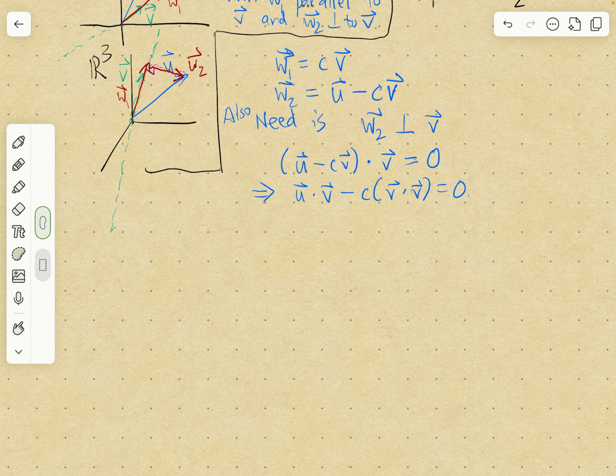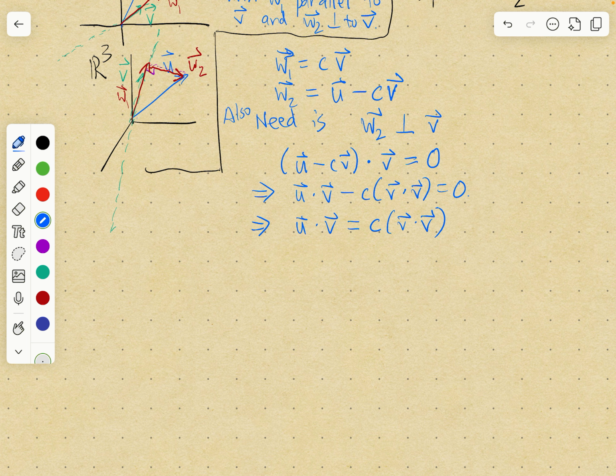And this number u dot v minus this product needs to be 0. And we're trying to solve for c, and can we solve for c here? Well, yes, because it's just algebra at this point. We just add c times v dot v to both sides, and we get that u dot v is equal to c times v dot v.